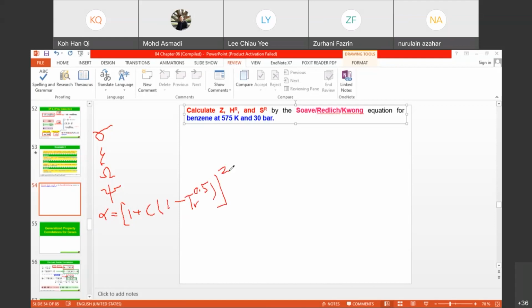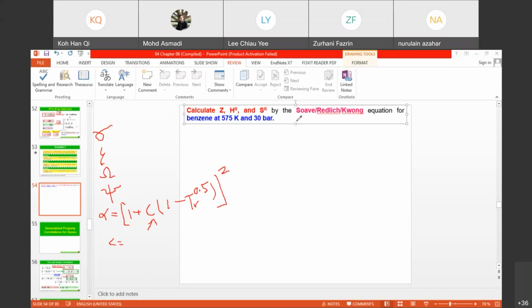This one is alpha, and c is equal to, if you look at table 3.1, 0.37464, right? That one is similar, just look at that table for the Peng-Robinson. Or wait, this one's already Soave-Redlich-Kwong. Sorry, it's already SRK.